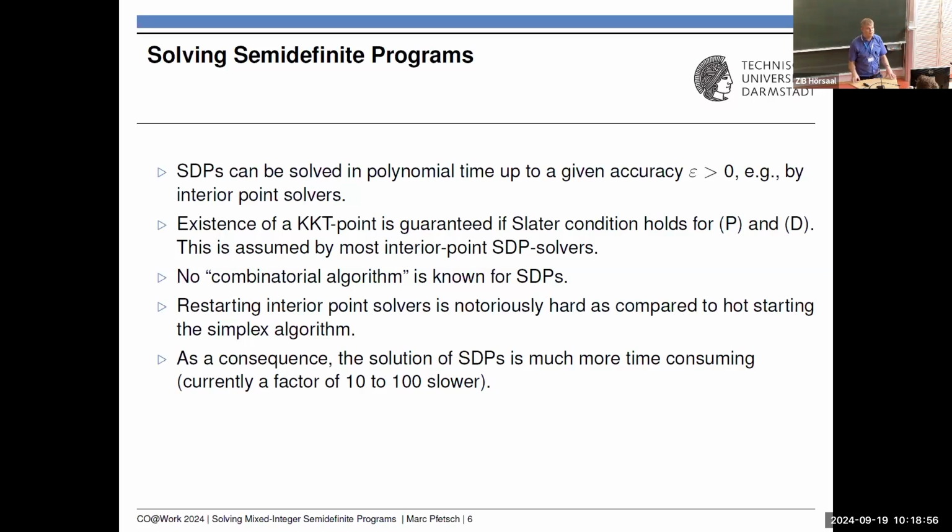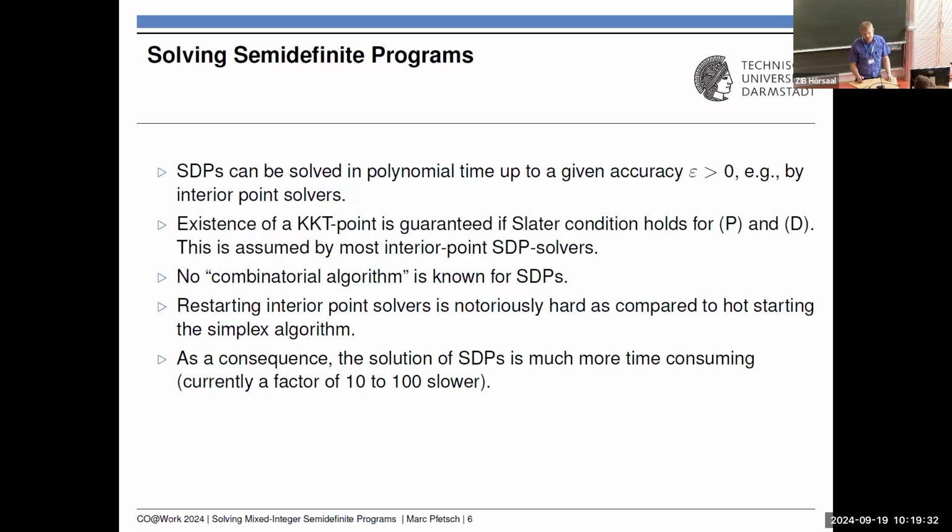But if you look at the past of linear programming, there has been huge progress, and we can hope for such progress for the SDP world as well, but it will lag behind the linear case. So the message of this slide is that there exist methods to solve SDPs, at least up to a certain accuracy, and we will just use these techniques.